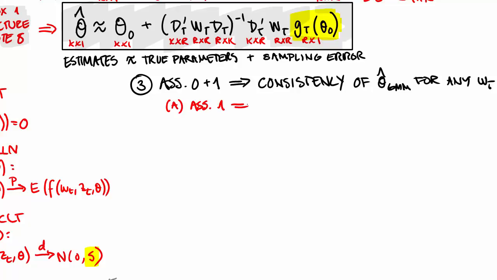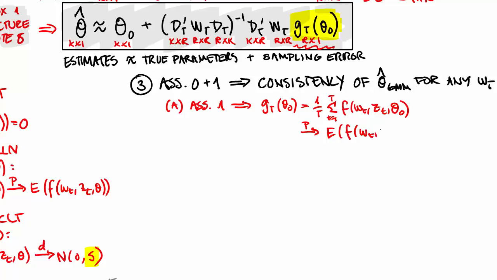Assumption 1 implies that this part up here, the sample moment evaluated in the true parameter, is going to converge in probability to the expected value of f(W_t, Z_t, theta 0). So that's the first part, and this is equal to the population moment evaluated in true parameters.